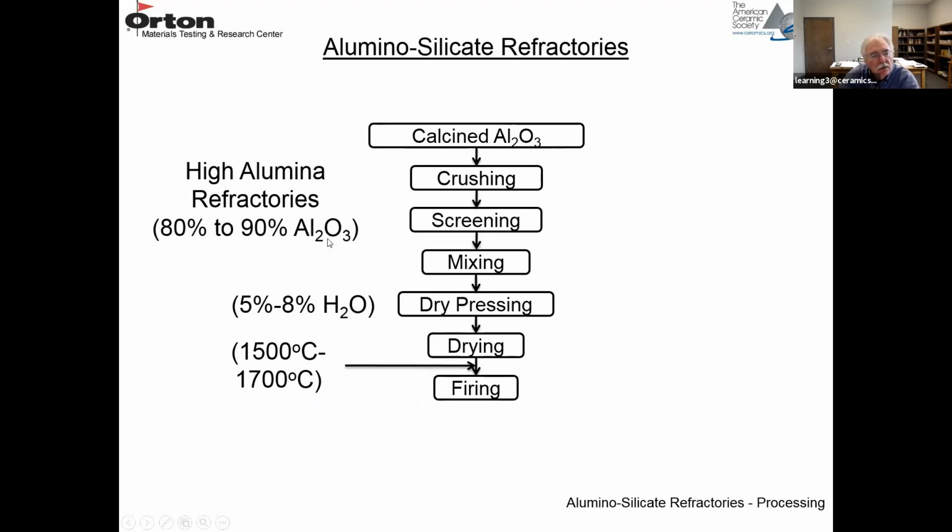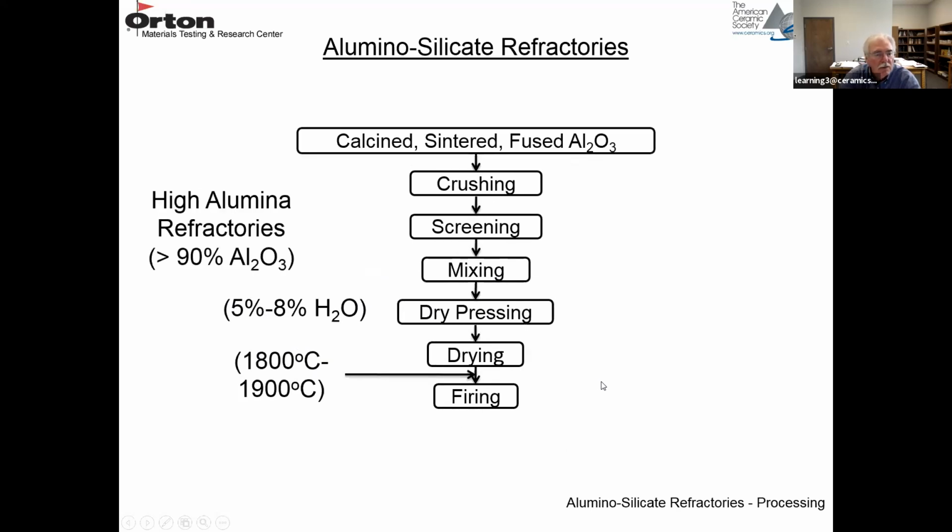Now when you get up to compositions in the 90% alumina range, you're just starting out with your synthetic alumina, Al2O3. Again, you crush it, screen it, and mix it, press it at a low water content, and it's fired in this range 1500 to 1700 degrees C. And the last one here, the ones that are getting closer to 100%, you're going to have a calcined alumina, maybe the sintered tabular alumina, or the fused cast alumina.